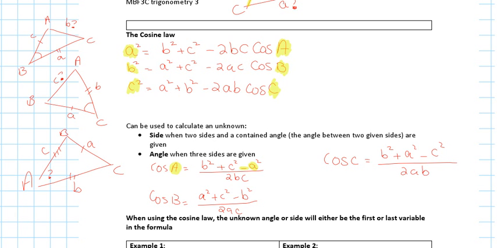So, cosine law is used when I have two sides and the contained angle, or when I have all three sides, in an oblique triangle. Can you guys remember that? Can you say it one more time? Yes. Cosine law is used when you have two sides and a contained angle.